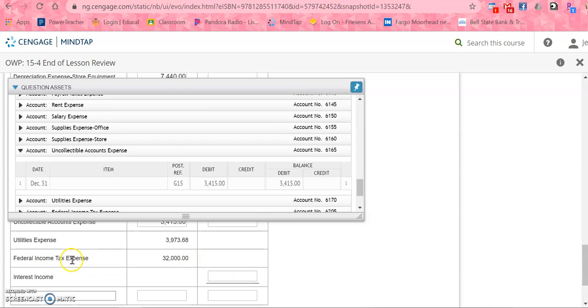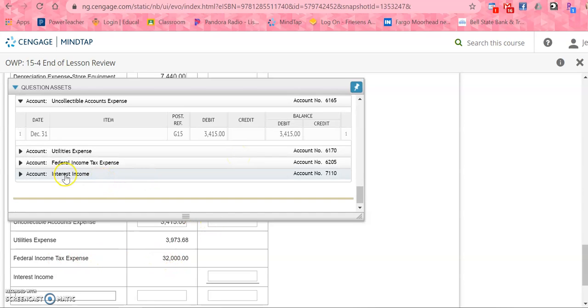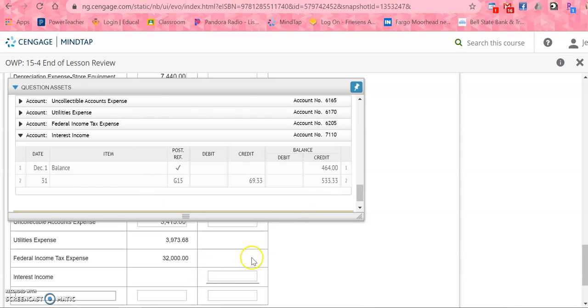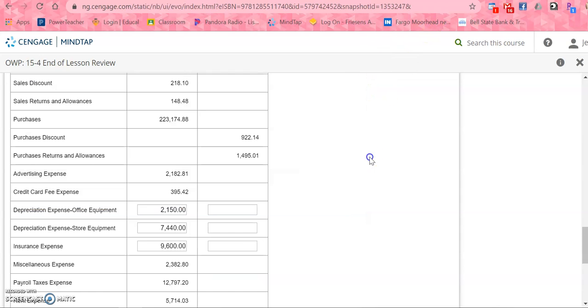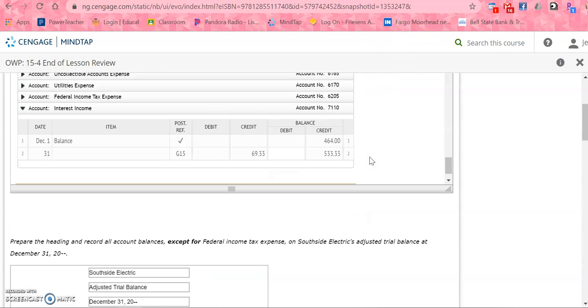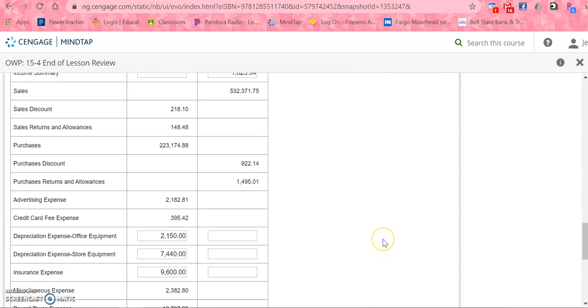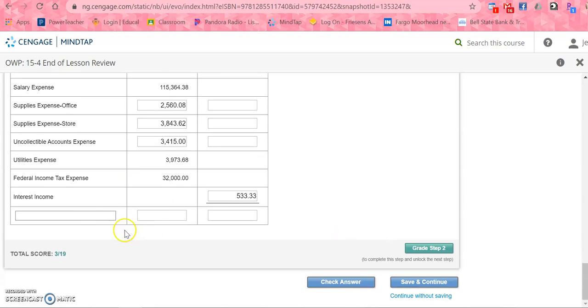And so they tell us not to put that expense in there, but now they've put that expense in there. So I don't really know why they did that in the directions. And then we have our interest income, and we have 533.33. And so I'm going to go ahead and I'm going to pin that back up. And they don't tell us that in the directions either, but it does show us that they're wanting us to total this.